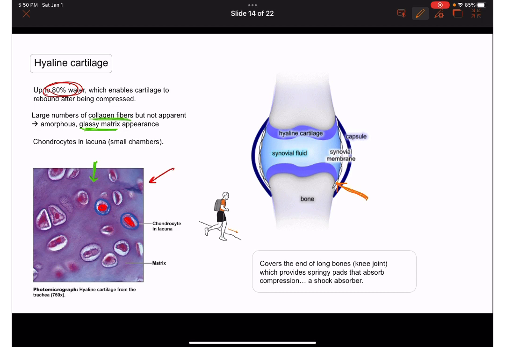So we can imagine that this is the knee joint, which would mean this is the femur, this is the tibia, and each of those bones, each of those long bones, has a pad of hyaline cartilage on the ends of it.